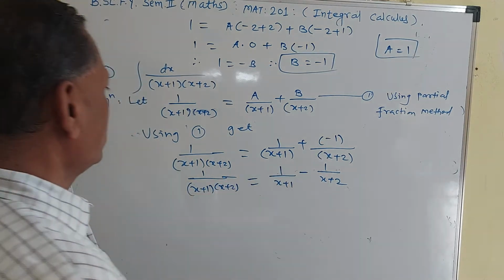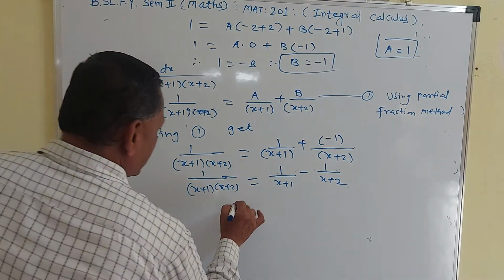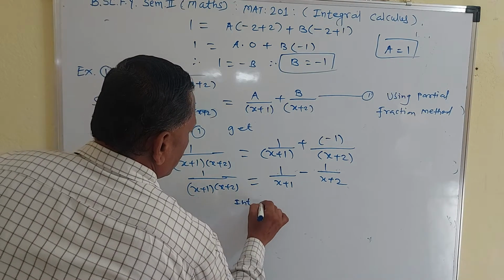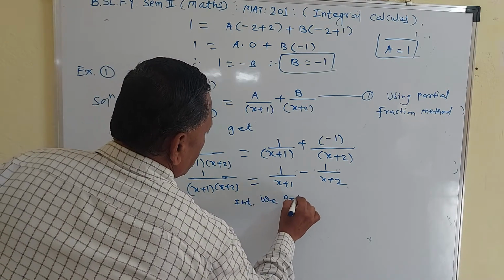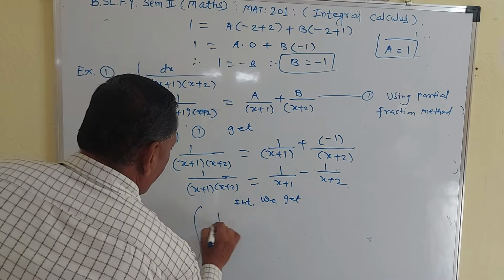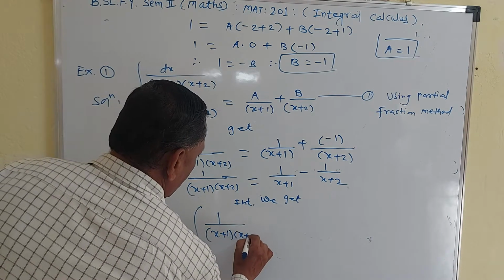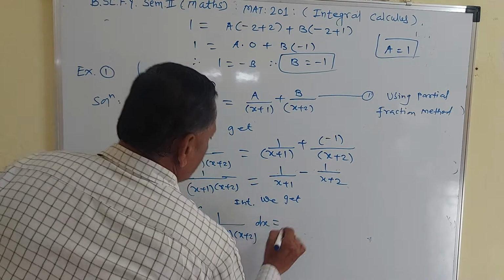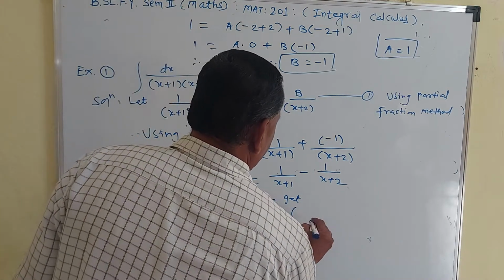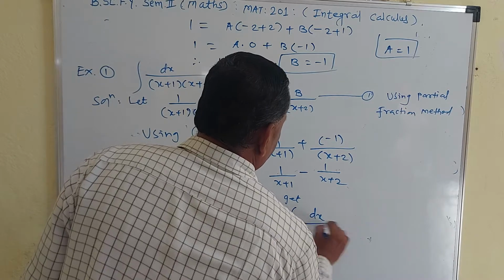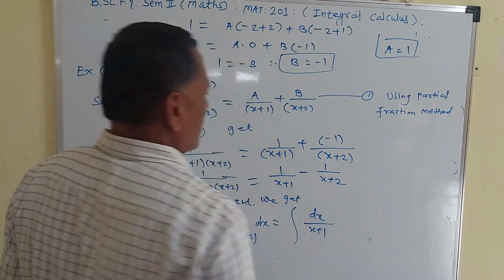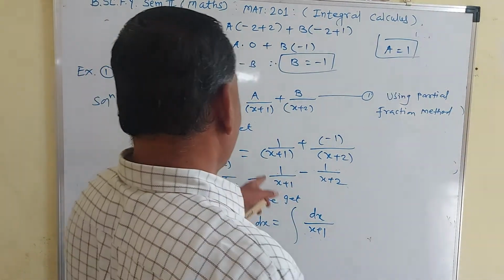Then you integrate on both sides. Integrating we get, integration of 1 upon x plus 1 into x plus 2 dx is equal to integration of dx upon x plus 1. So you know the algebra of integration.